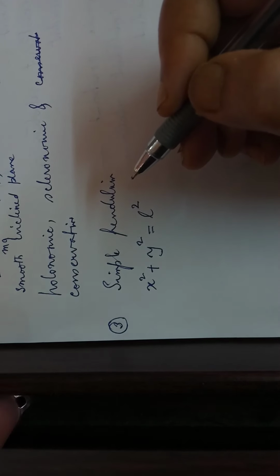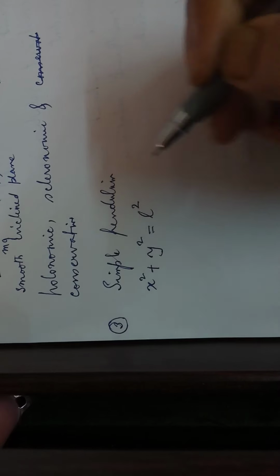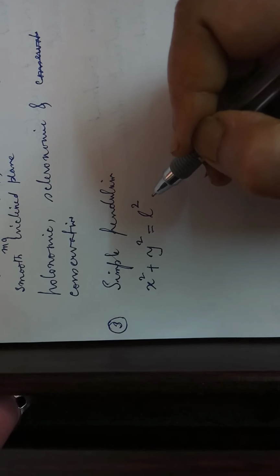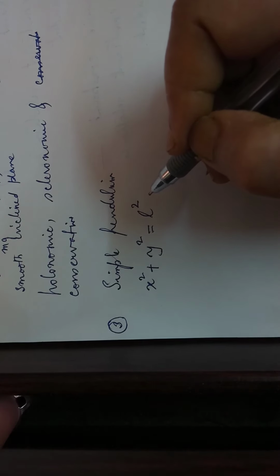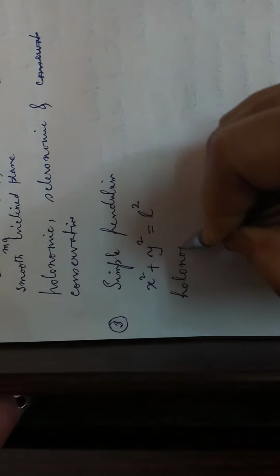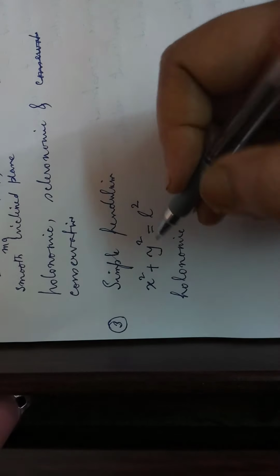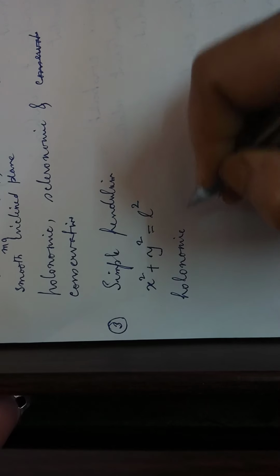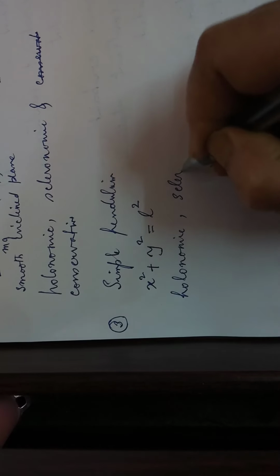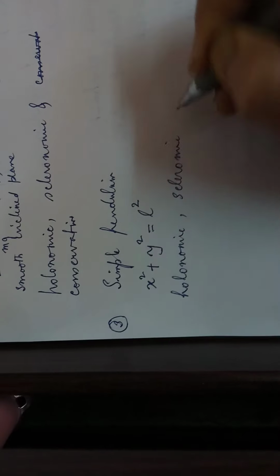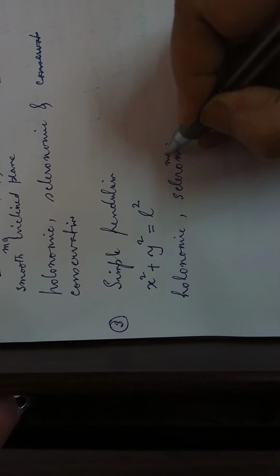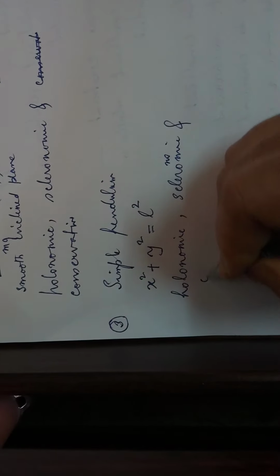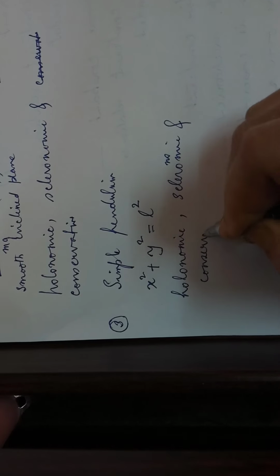That is the constraint equation for a simple pendulum. So what can you say about this constraint? It will be holonomic because there is no velocity dependence, scleronomic, and conservative.